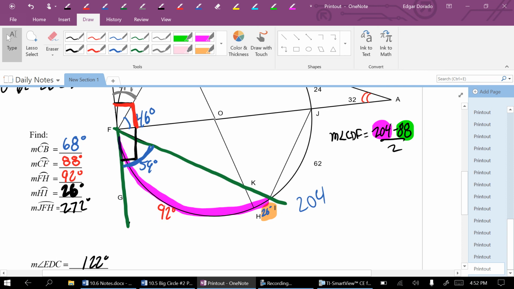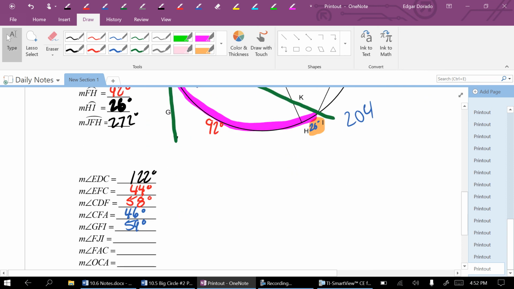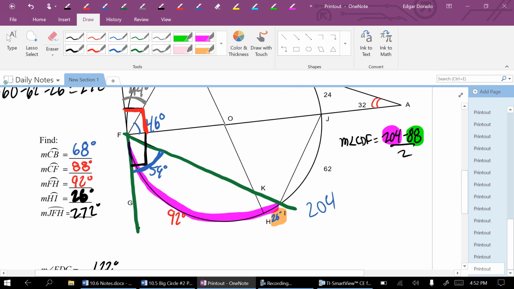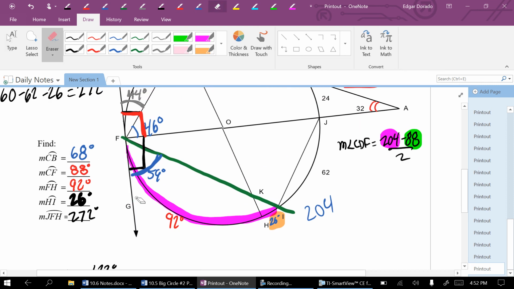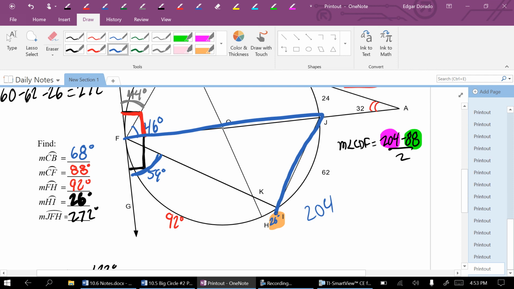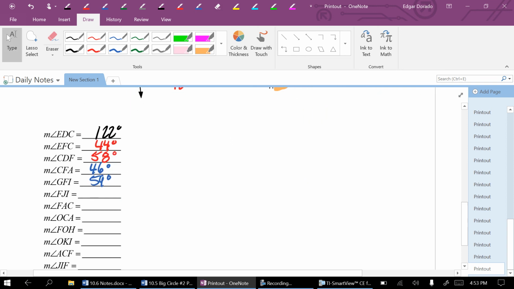The next one is the measure of angle FJI. Let me do some erasing here. Okay, FJI is right here. And if you look closely, guys, that intercepts the exact same arc. So that's also 59 degrees. That was pretty simple. We got lucky there. That's something we actually just learned.